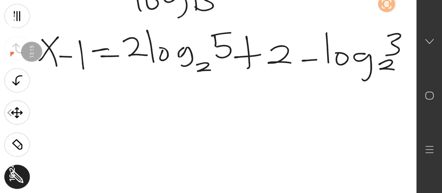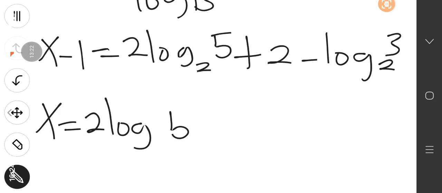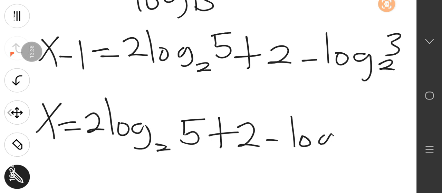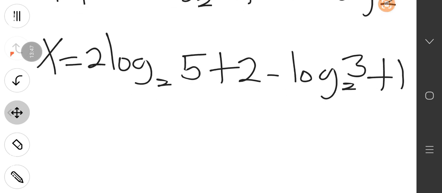Let's rearrange our equation. So we are going to have x equals 2 log 5 base 2 plus 2 minus log 3 base 2 plus 1. Now let's organize our equation.